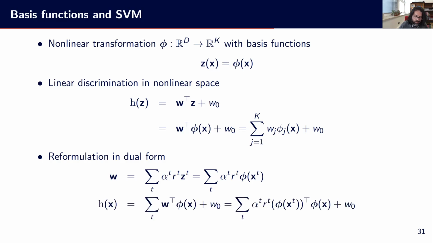So with this reformulation, we can state that h of x corresponds to the sum of alpha t r t, the projection of x according to the basis function, so phi of x t transpose times phi of x, plus w0.